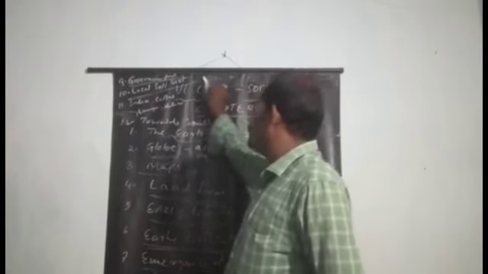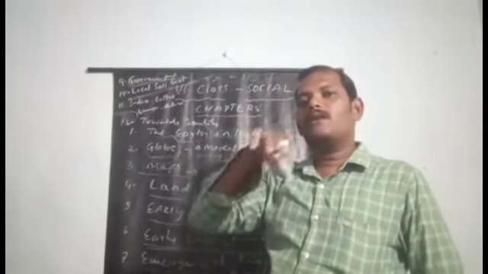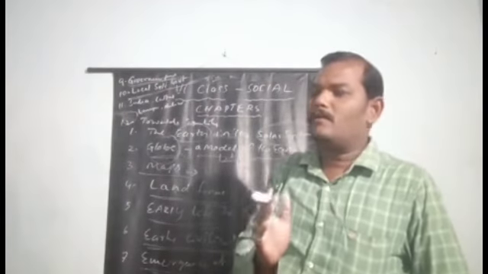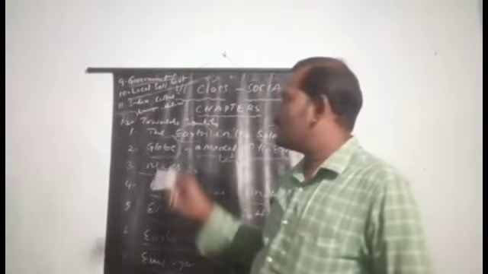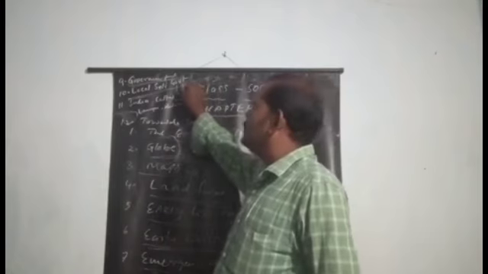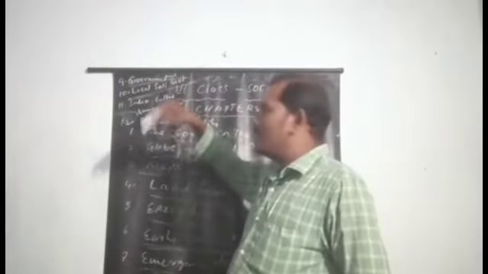These are all part of local self-government. Why? Because locally they will solve the problems. It can be used to develop from the village level to the country level. So the local self-government system is implemented in our country. What is the local self-government system? How are the rulers elected to rule the local areas?